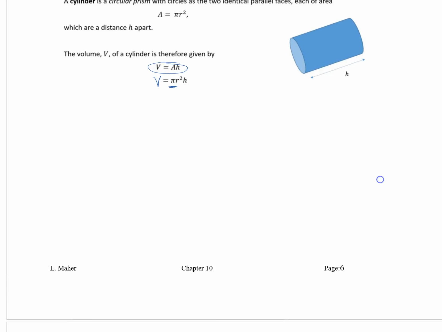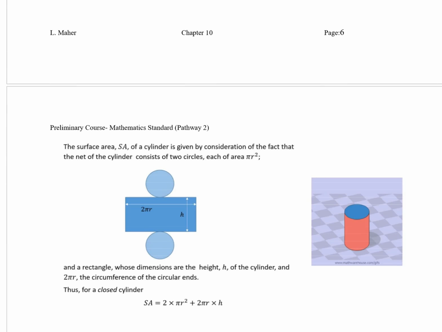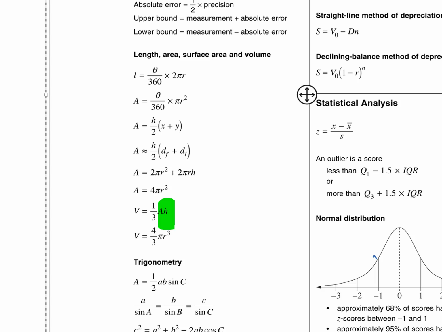However, it's not on the formula sheet. So, make a note of that. It's not on your reference sheet, so it has to be one that you put in your summary and make sure you learn. The formula for the surface area of the cylinder, however, is on the reference sheet.